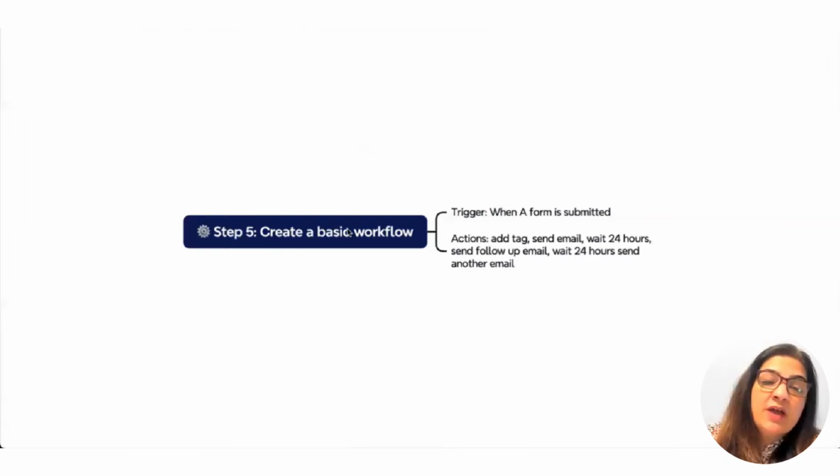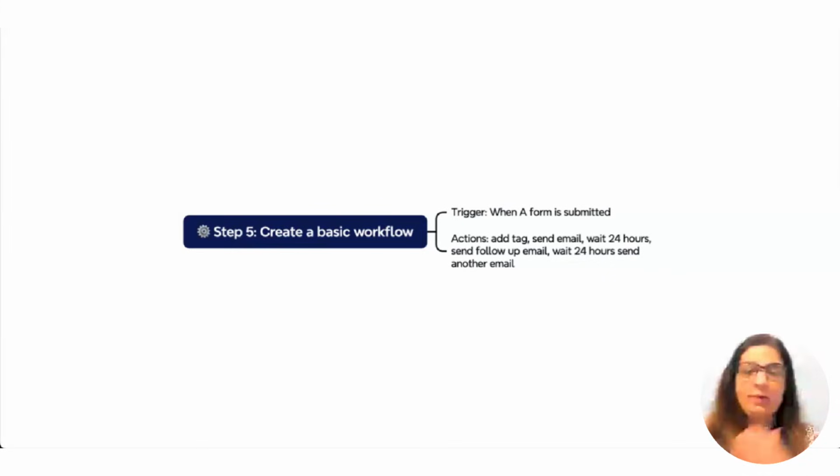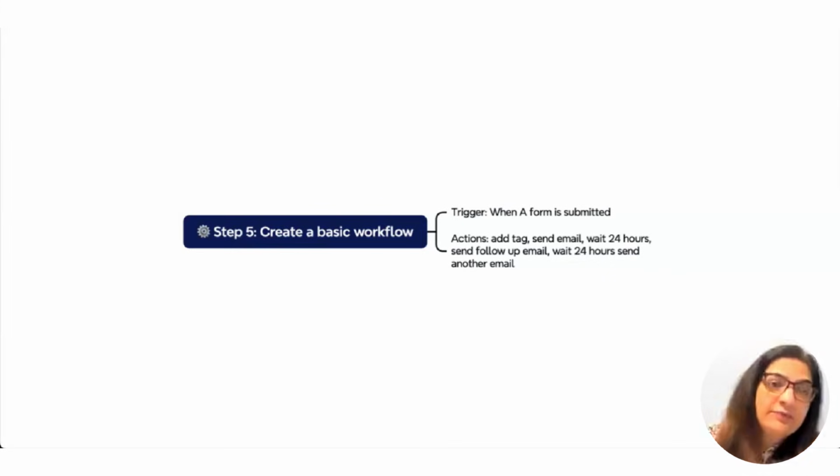Come back and tell me that you've actually created these 5 very basic steps to automate your lead generation. You can share your scheduling link online on social media, or the lead magnet link. Share it online so you have an automated way of people coming into your funnel.